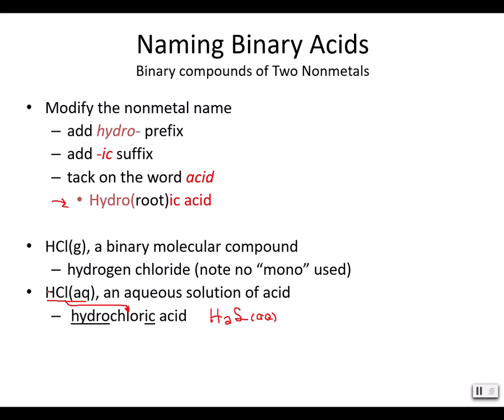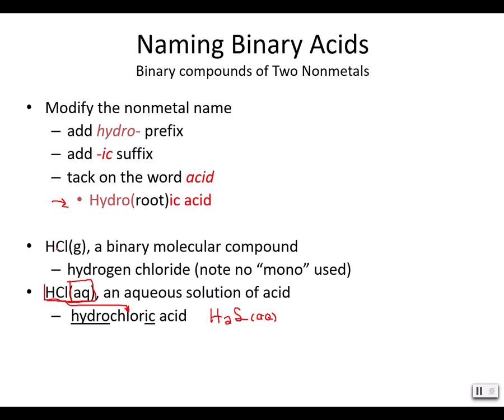Okay, so one important point here. We said that it was really important when writing acids to write this AQ. Why is that important? Well, that tells the chemist to use acid naming rules for it as opposed to naming it as just a binary molecular compound.